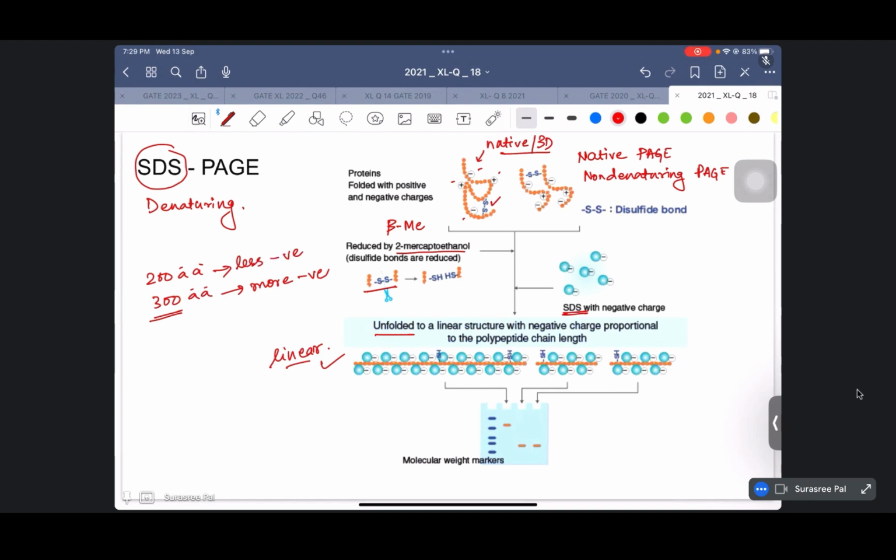Okay, because simply the chain length is longer in the 300 amino acid protein, so it will have more negative charge.